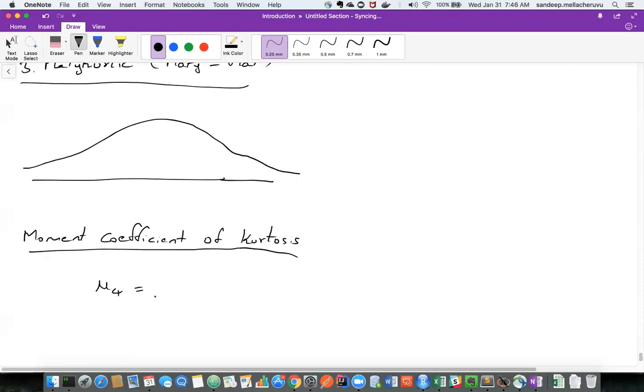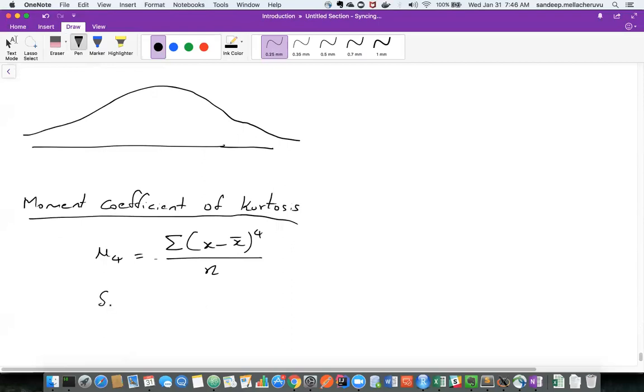mu4. Mu4 is the moment quotient, which is given by sigma (x minus x bar) power 4 by n. And the kurtosis, sorry, is given by mu4 by s power 4.